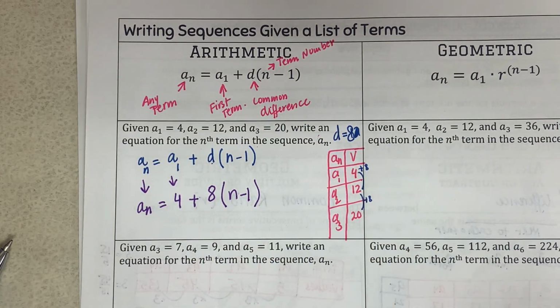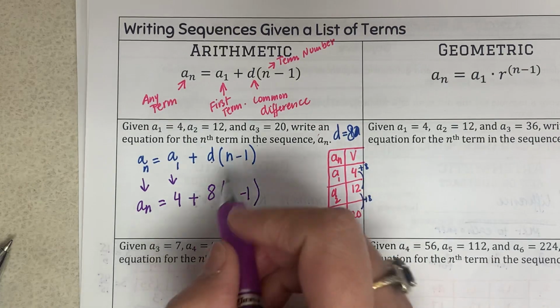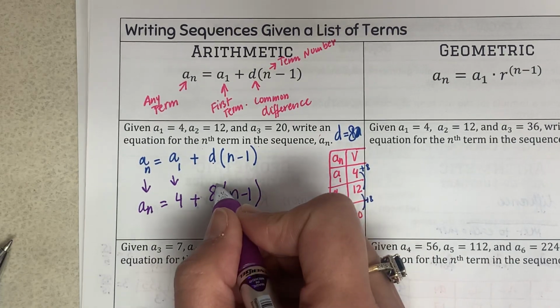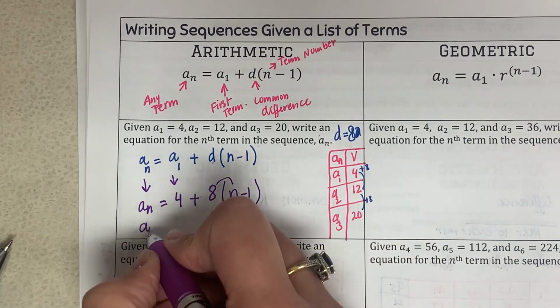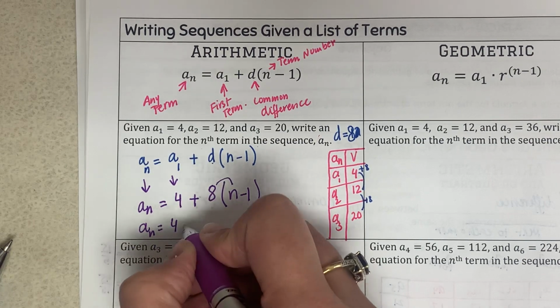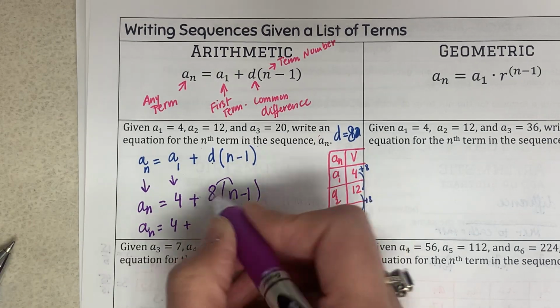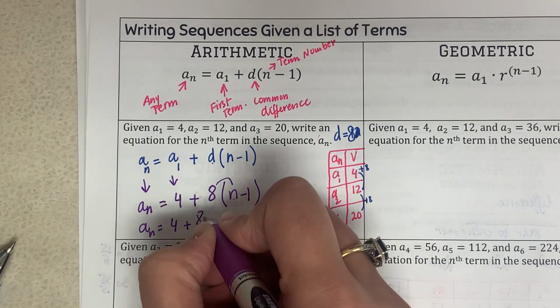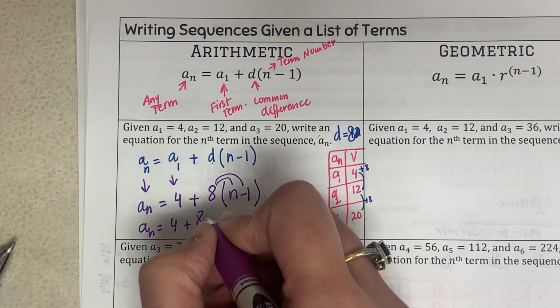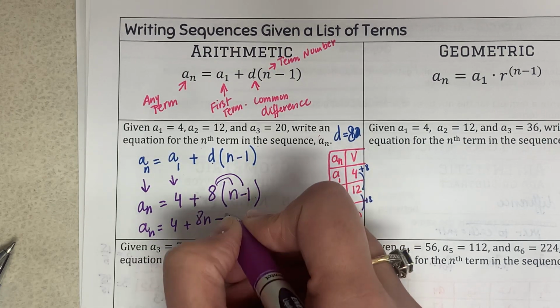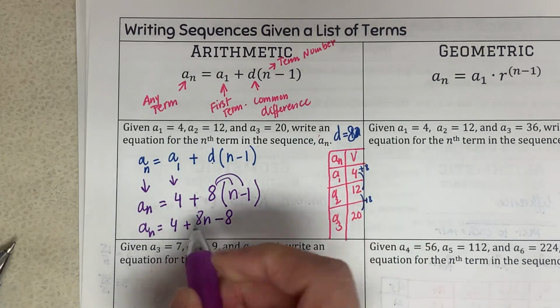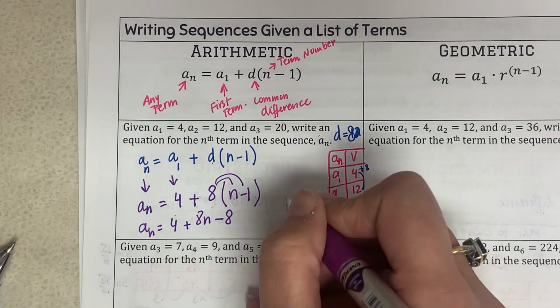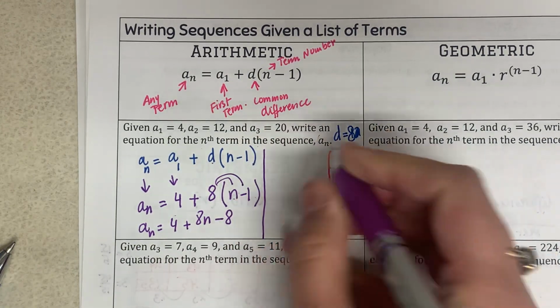I have it. And then since I need to distribute, I'm going to multiply these two in the next line. 8 times n is 8n, and 8 times negative 1 is negative 8. You have two like terms over here. Oh, I ran out of space.